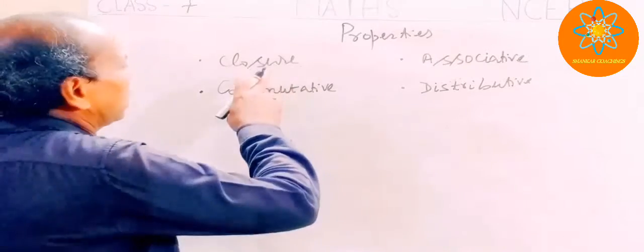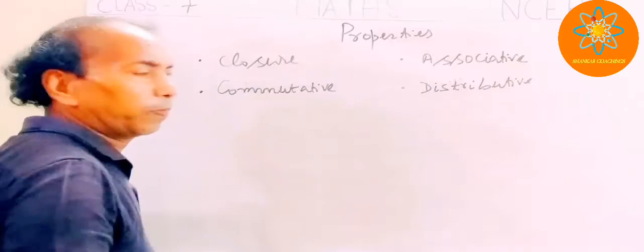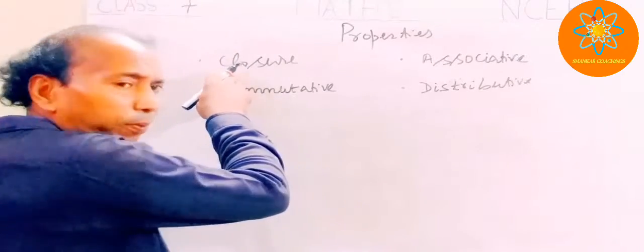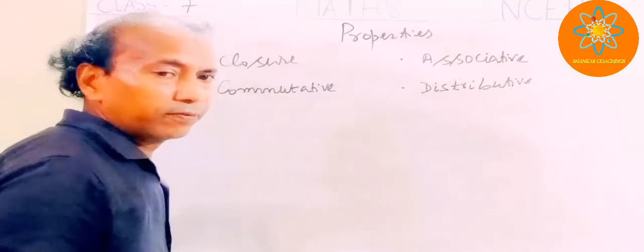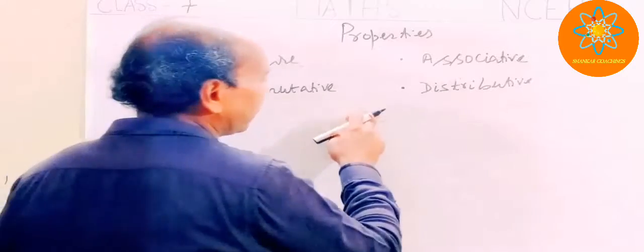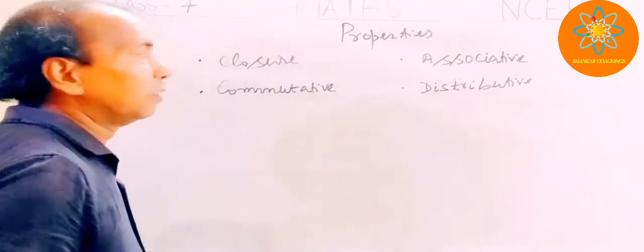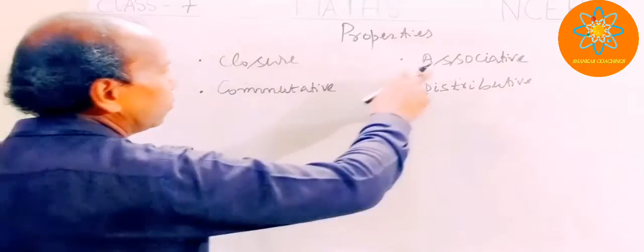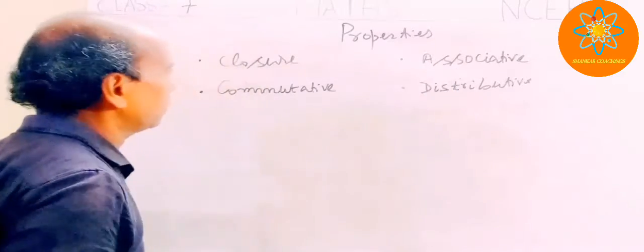We will discuss all this one by one. Means closure property for addition, multiplication, subtraction, division. Likewise, commutative, associative, and distributive properties.